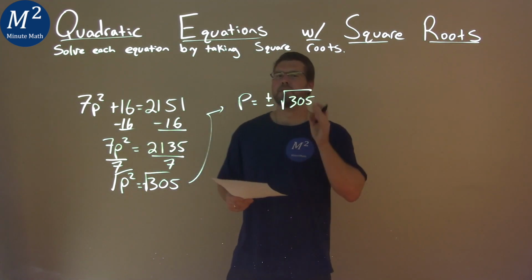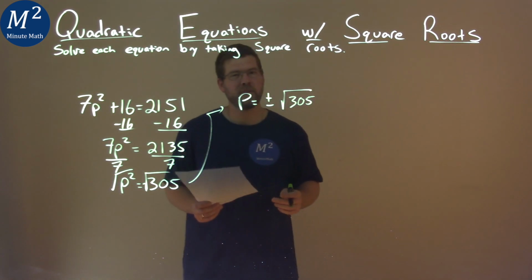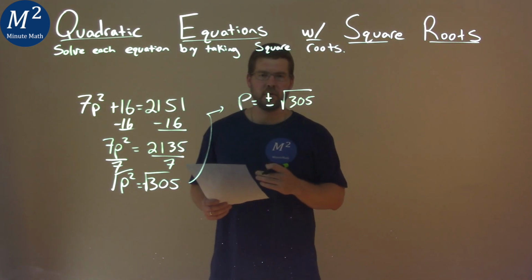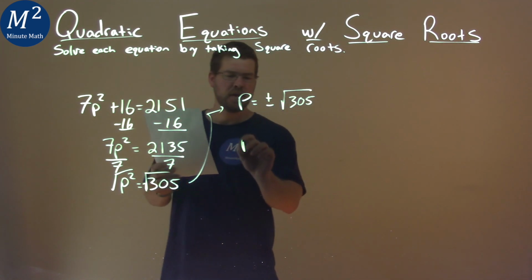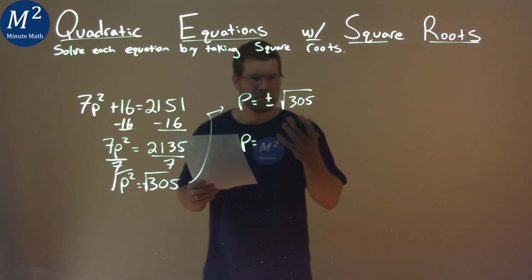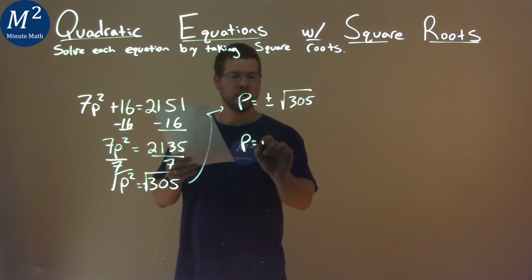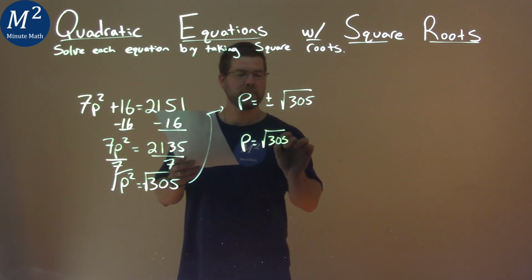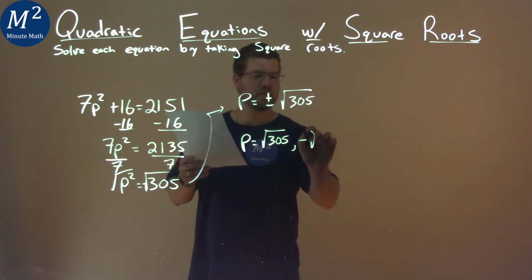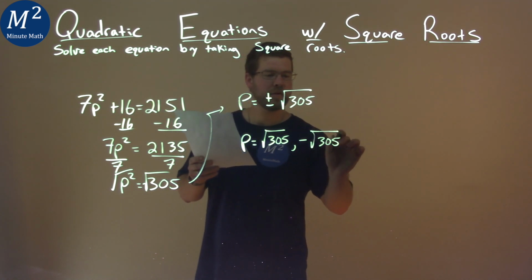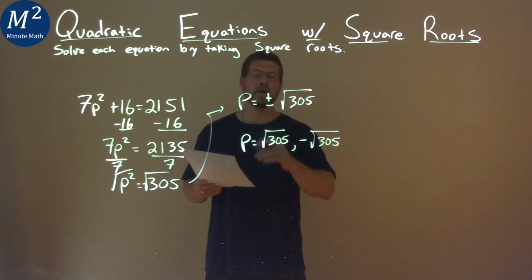Well, I'm going to tell you a little secret here. Square root of 305 doesn't simplify anymore. So we're basically done. We can write this now as two numbers, the positive and negative. So p equals a positive square root of 305, and p equals a negative square root of 305. And that is our final answer.